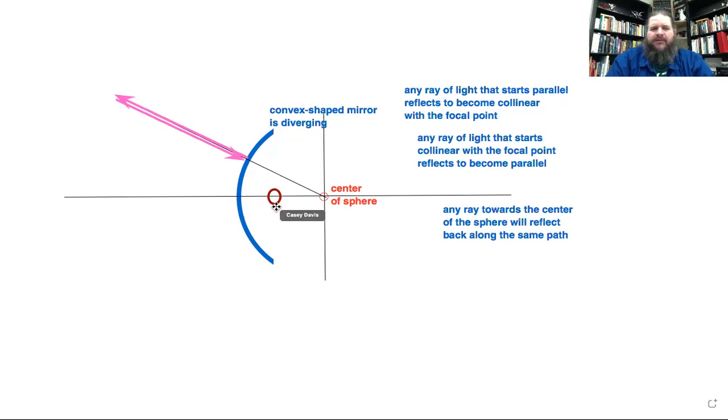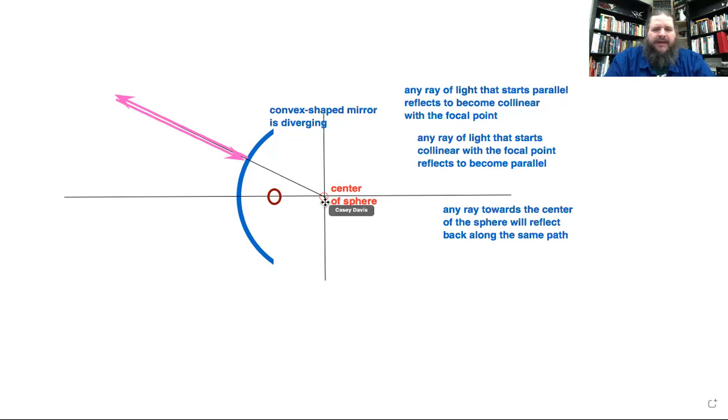Also, one other thing about the focus, where is the focus located relative to the sphere itself? Sorry, located where? I was gonna say it was located R/2.